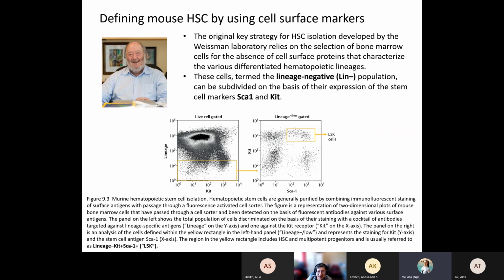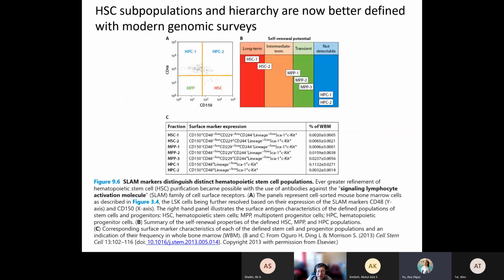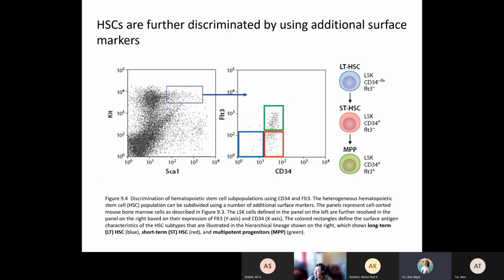Which slide do you want me to go to? Can you come back one slide? This one? Yeah. So what is the unit that we have here, like 10 to the power of 4 or 10 to the power of 5?